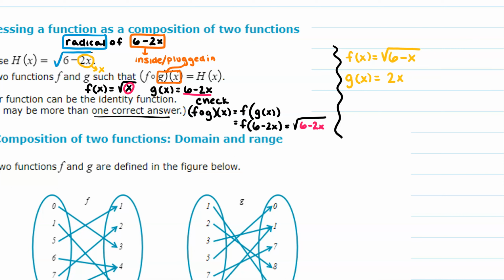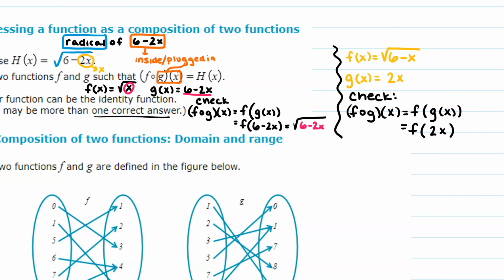So if I do that, let's check it. f of g of x would be f of g of x, which is f of, now my g of x is 2x.